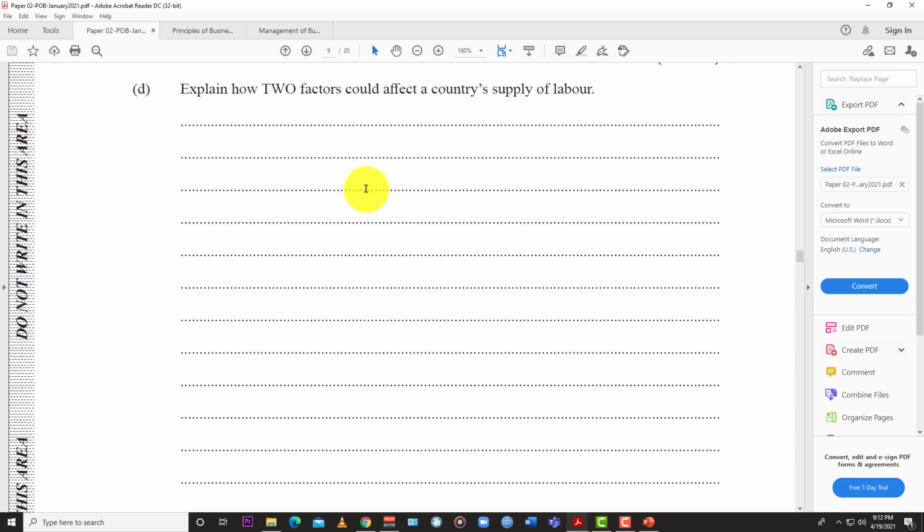But if you have a high death rate, that would reduce the population and also the supply of labor. Those are things to consider as it relates to that question. But for the most part, we will look at the push factors and the pull factors, and immigration as one of the key factors that would affect a country's supply of labor.